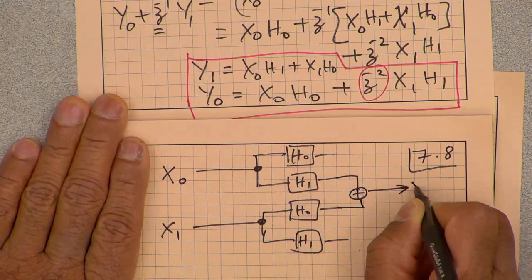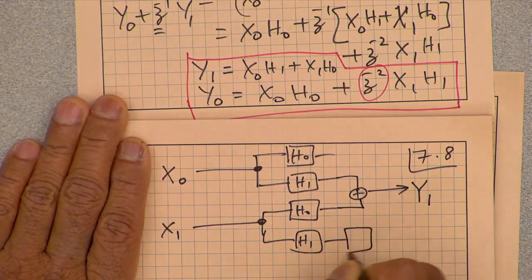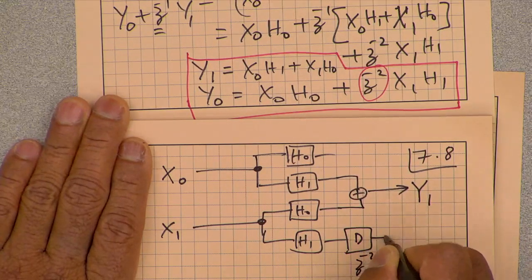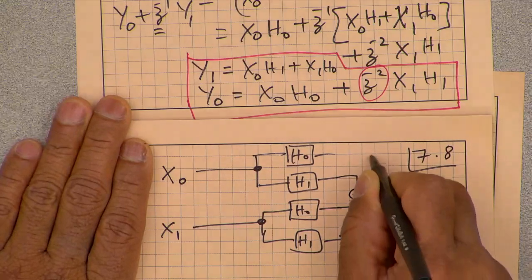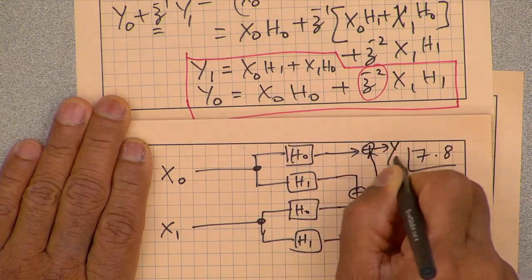So that's y1, and y0 includes x1 h1 with z to power minus 2, this is the 2 parallel filter, and add that to x0 h0, this is y0.